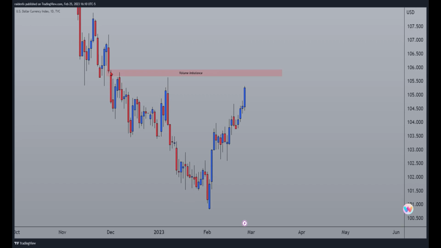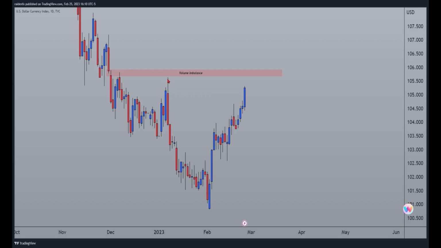A volume imbalance is basically where price has not created or closed a candle. It just created a wick between this space, but no closed candle. So basically, the algorithm is most likely going to seek this area and close here with the candle, or either test this area, making it bullish for the confluence.